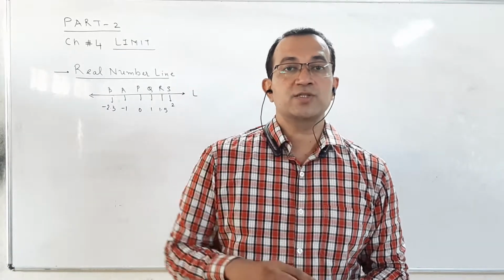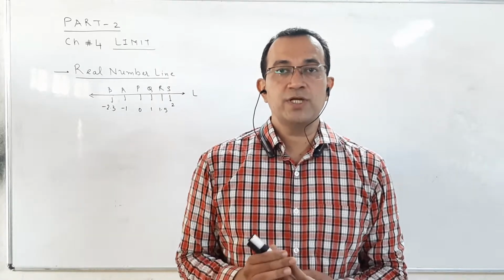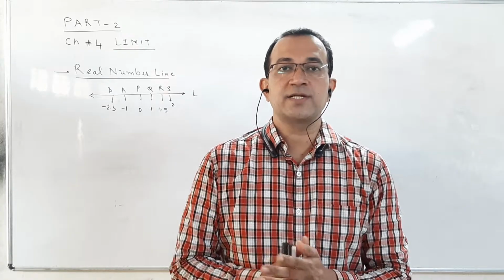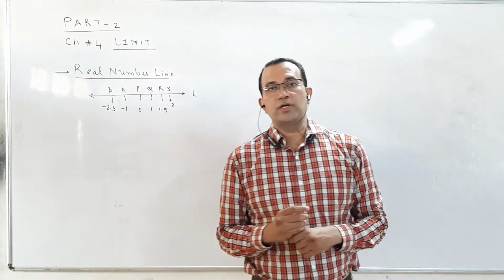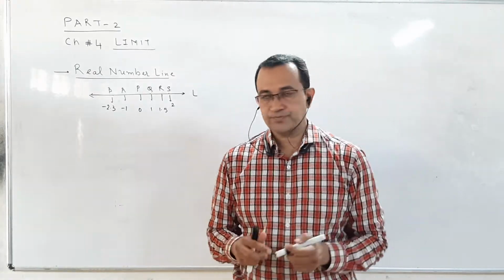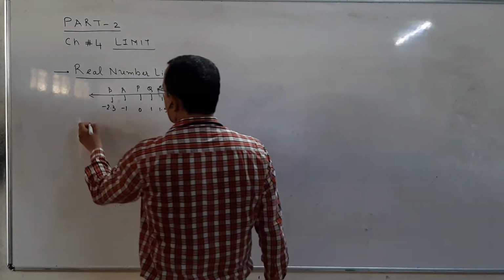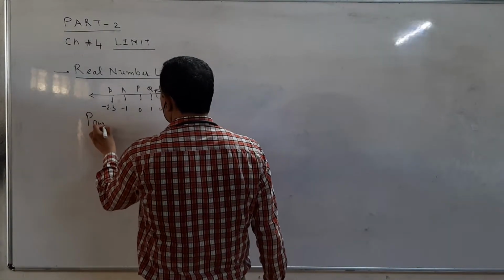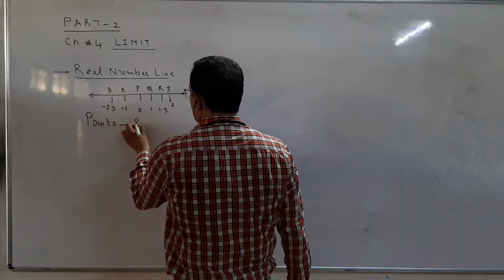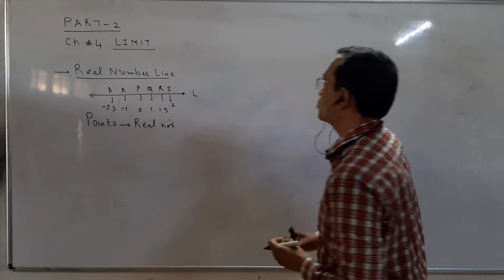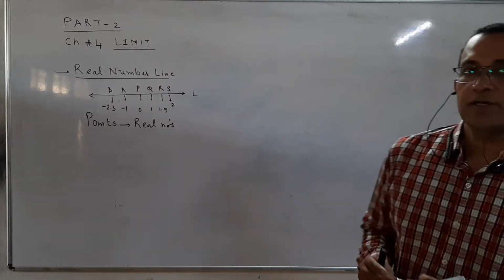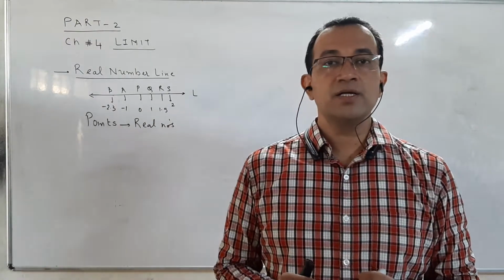There is a one-one association between points on the line and the set of real numbers, and such a line is called a real number line. So in short, I can write points associated to real numbers. Such a line, students, is called a real number line.